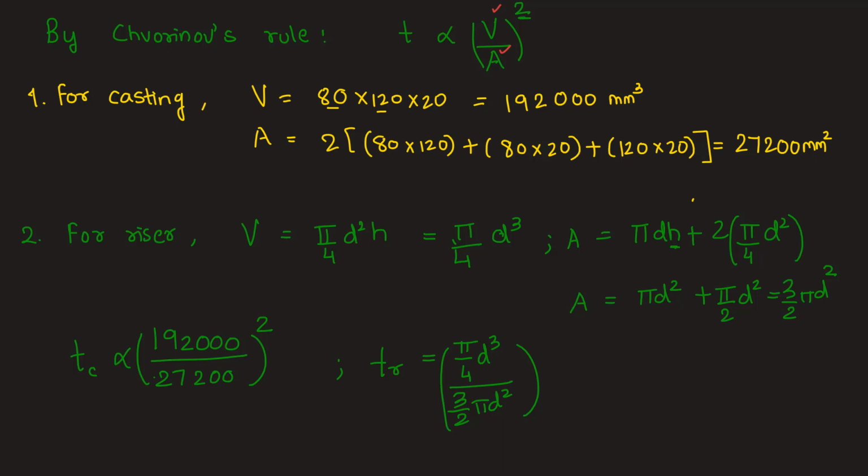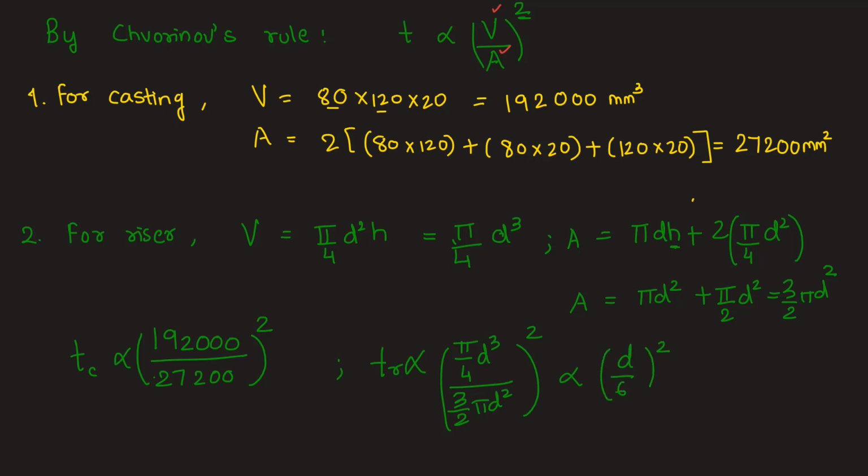Again square of this value, and this is not equal, this is actually directly proportional, because we are not writing the constant, we should give the proportionality sign. This value will therefore be, pi by pi gives us 1, 1 by 4 upon 3 by 2 gives us 1 by 6, and d cube by d square gives us d. So it is d by 6 whole square.